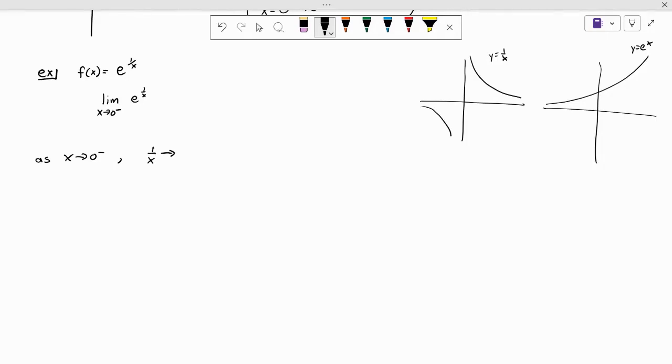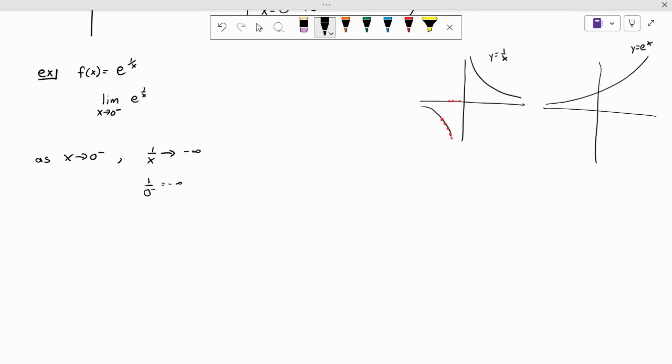Where does it go? x is approaching 0 from the left, so 1 over x goes to negative infinity. Remember that we have 1 over something that goes to 0, but it's slightly negative. So it's positive over negative, so that's like negative infinity.